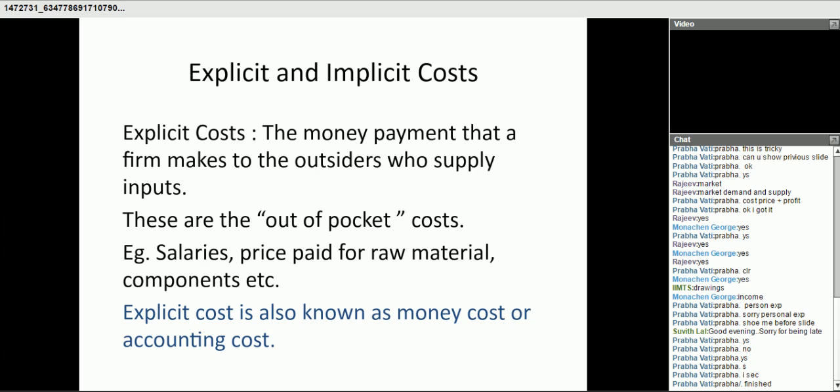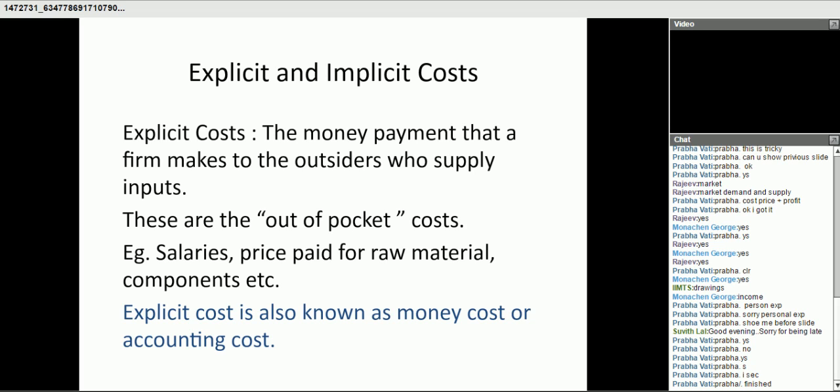So it is also known as out of pocket cost, like salaries which we pay to our employees. The price that is paid for the raw material, for the machinery, the equipment, that all is explicit. And we can also call it money cost or accounting cost.